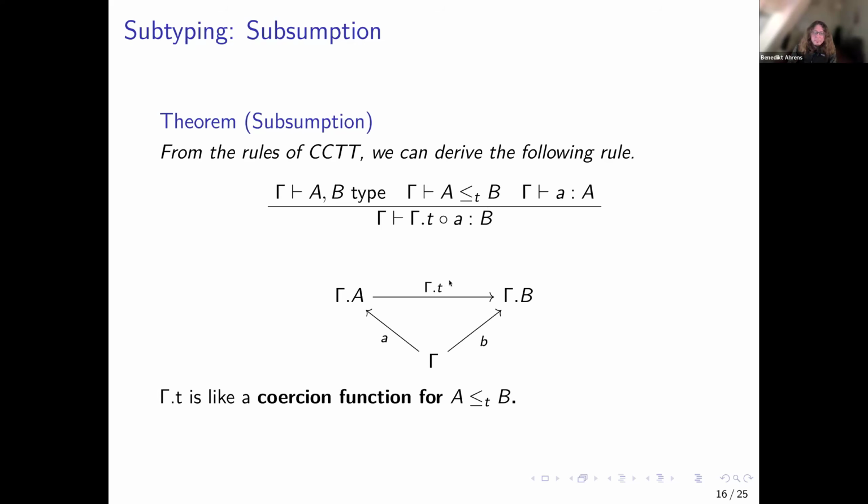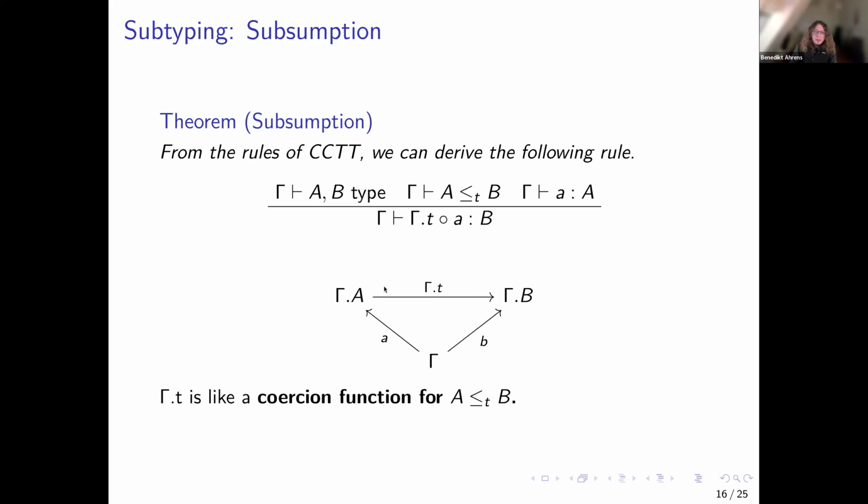Gamma dot T is the comprehension of the morphism T, and that is a morphism of contexts, and we can compose the morphism of contexts a with the morphism of contexts gamma dot T to obtain a morphism of contexts which we call B here, that goes from gamma to gamma dot B. So this composition here is a term of type B in context gamma.